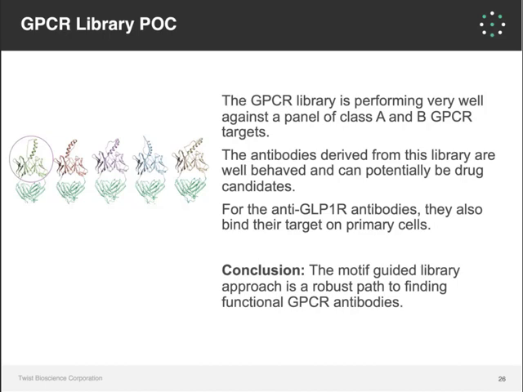From that, we typically make about 100 antibodies, and maybe 15 to 20 of them show good binding in flow. Of those, typically 25% to maybe 50% of those antibodies show some function in an assay. So you can do the math, but after all that work, it ends up being a handful of antibodies that have good binding as well as function.